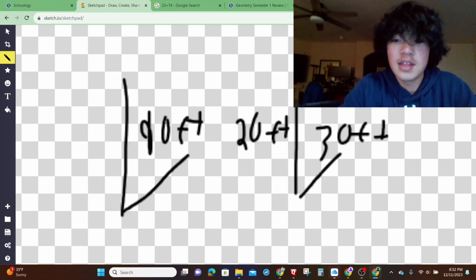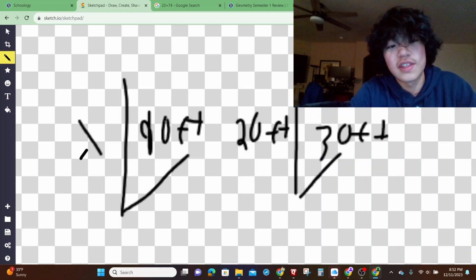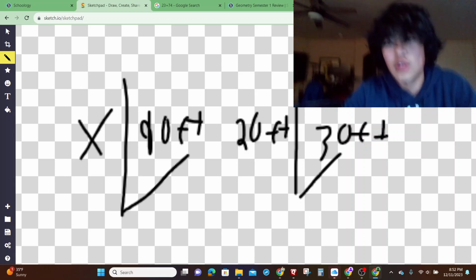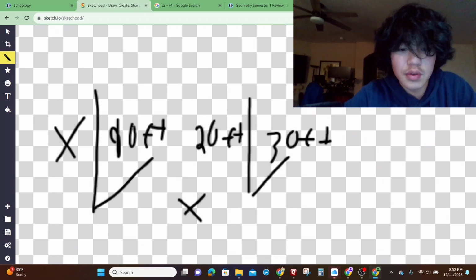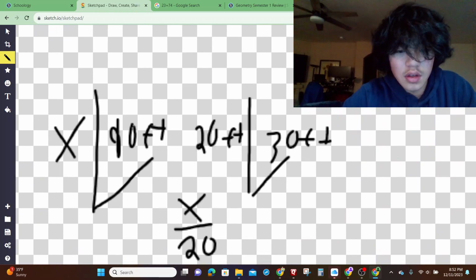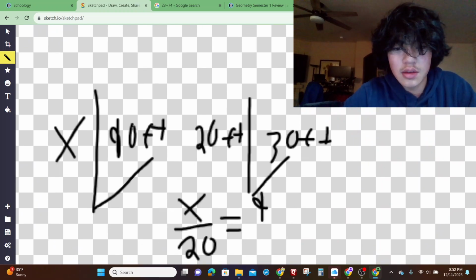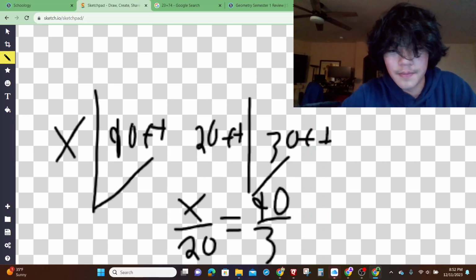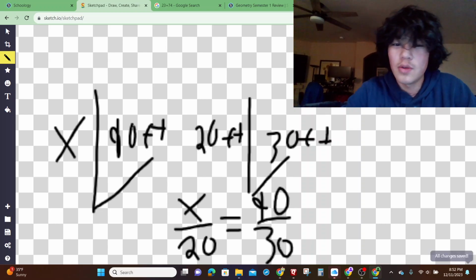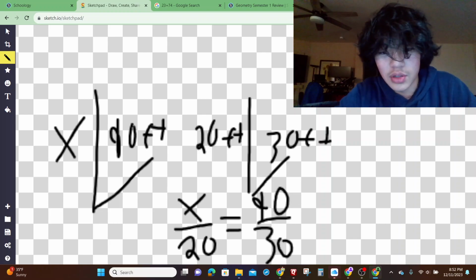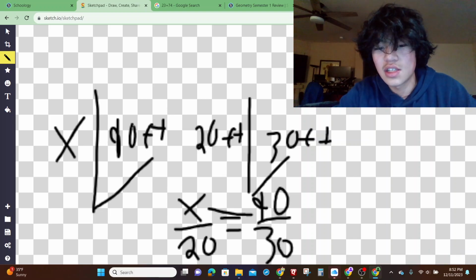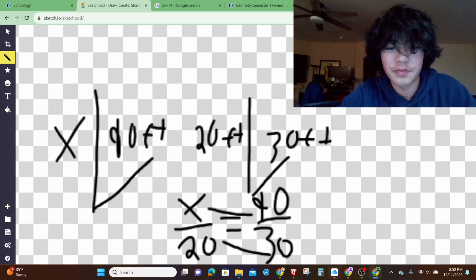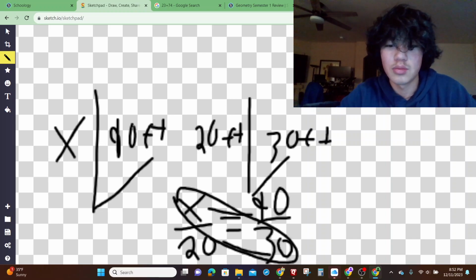Okay, since this is the missing height, let's just mark this as x for now. So what we do is x over 20 equals 90 over 30. Think of it like a shadow. If this is the height of the building, then 90 is the shadow. And 20 is the height, and 30 is the shadow. Now we just have to cross multiply.